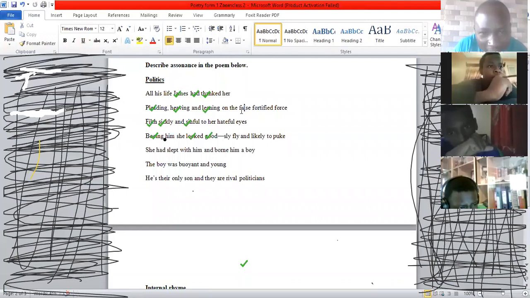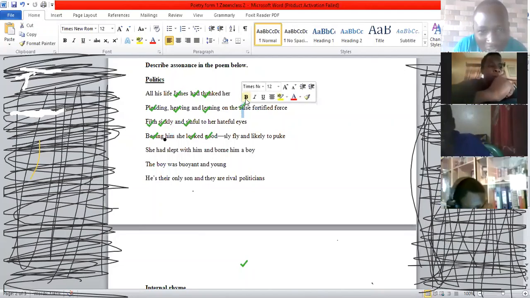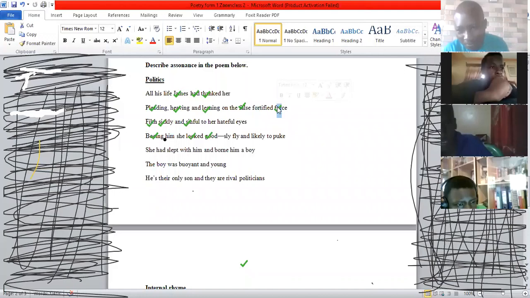The A here is producing the sound O, because we don't say false, we say false. So we pick it together with this O here and this O here. Hassan, you get it? They are producing the same sound O, O, O. So it's like you're repeating the sound O in those words. Okay. Thanks.